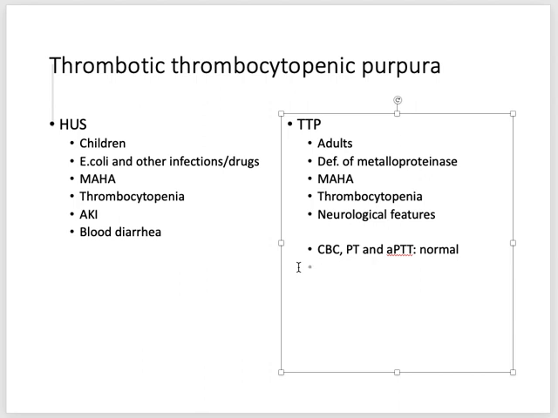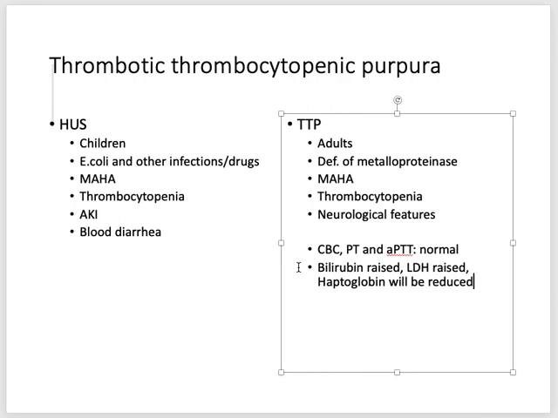Bilirubin will be raised because there is hemolysis going on. LDH will be raised because there is hemolysis going on, and haptoglobin will be reduced because there is hemolysis going on, like we had already done.